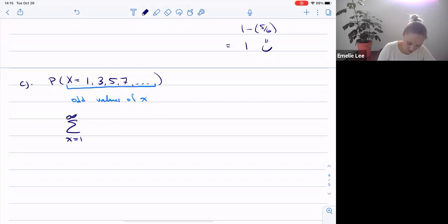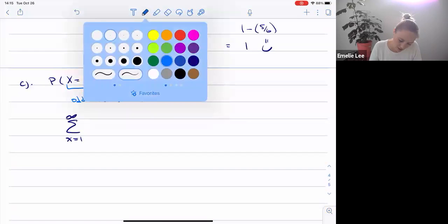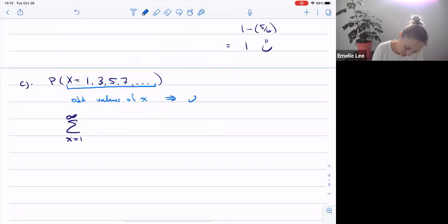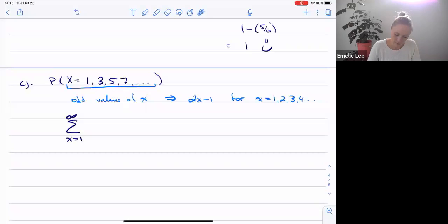The sum x equals 1 to infinity. But for odd values of x, I could use a different variable here. I'm going to keep it the same, but just try to keep them straight. It is the same as saying 2x minus 1 for x equal to 1, 2, 3, 4, right?